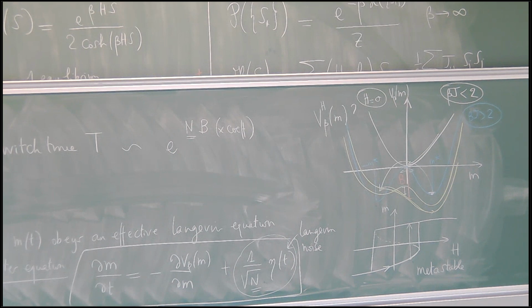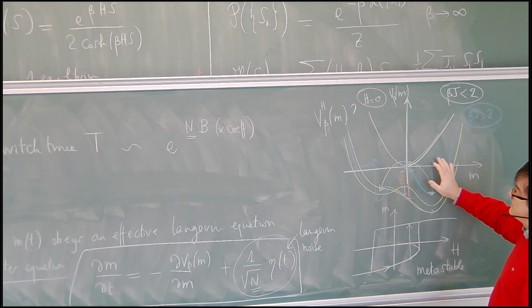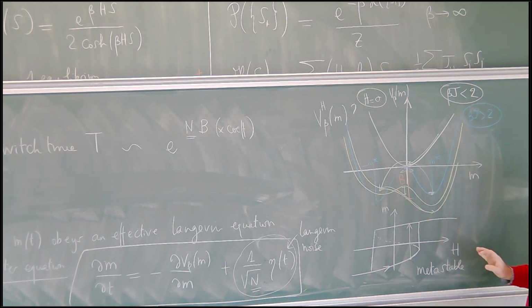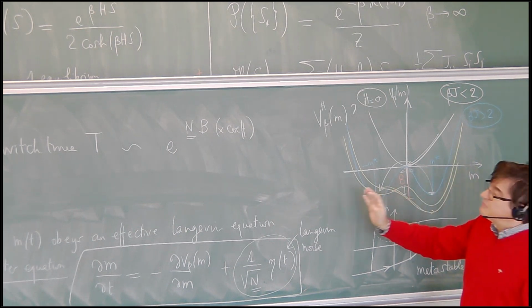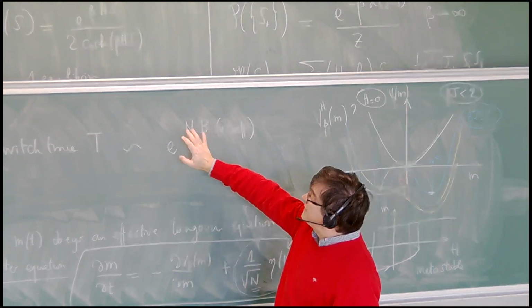If you're not in mean field, that's really a very big difference. I told you that this phenomenology is true even outside the mean field. But if you're outside mean field, then these switches can take a time which is much less than exponential of n.